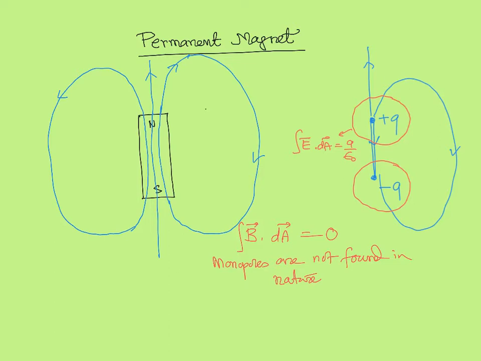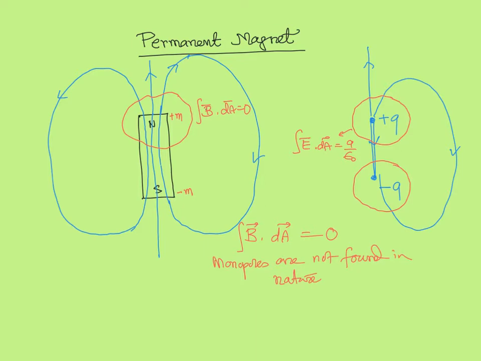We think of this as a plus pole, plus m strength, and this as minus m, but in reality, if you consider an area here like this, across this the integration of B dot dA is equal to 0. So these are the magnetic lines of force near a bar magnet.